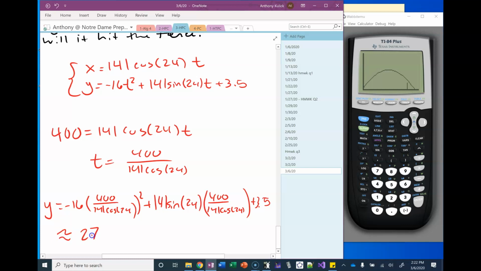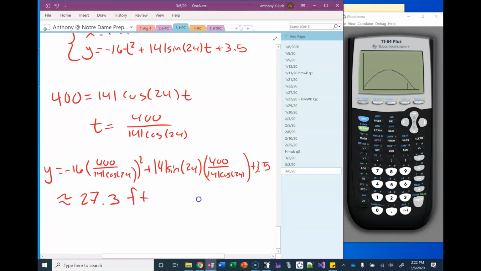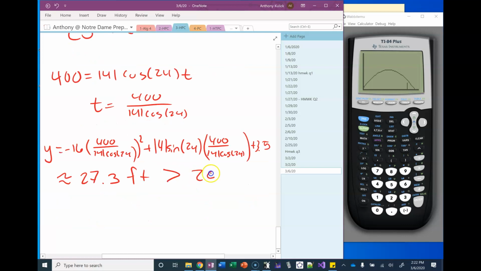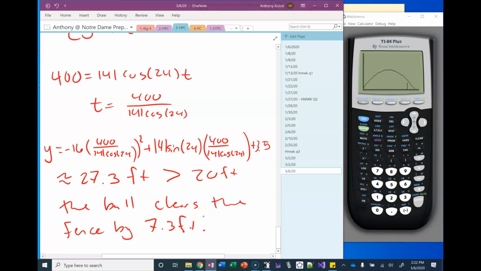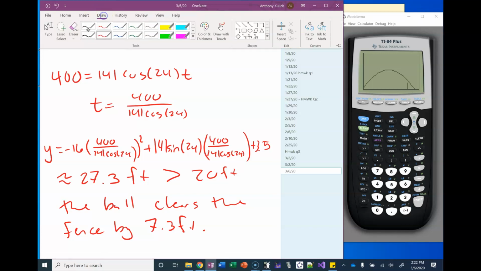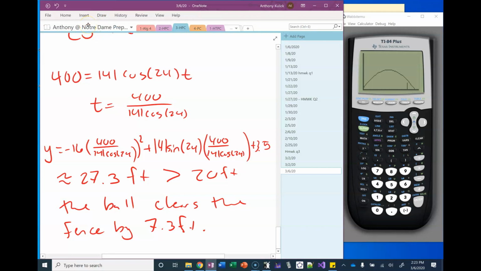When I do that, I get about 27.3 feet. Since this is bigger than 20 feet, the ball clears the fence by 7.3 feet. Is everybody okay there?